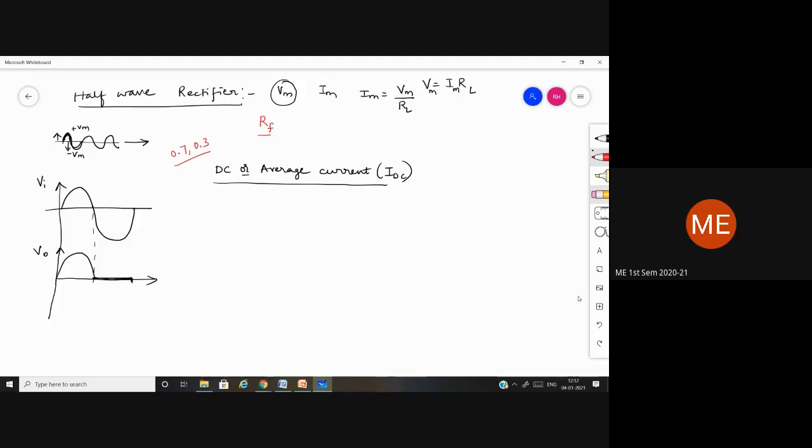What is the transformer basically made up of? I'm asking you, what is it made of? What does a transformer contain? Coils, right? It is made up of coils.